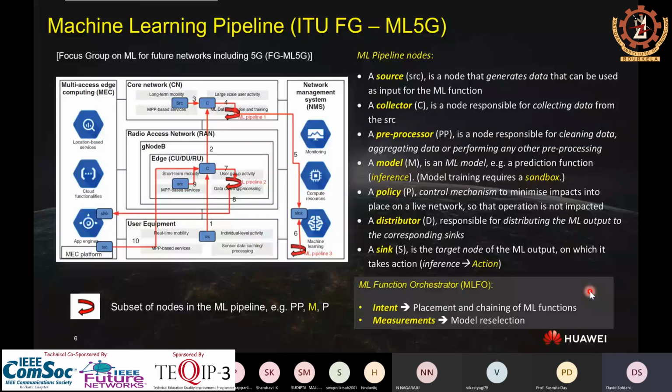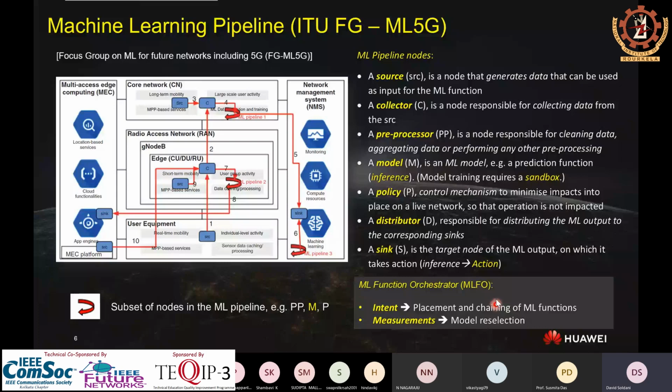So we're talking about placement and chaining of the different machine learning functions. And practically this will mean that this orchestrator will solve the problem of embedding these particular nodes across the infrastructure.